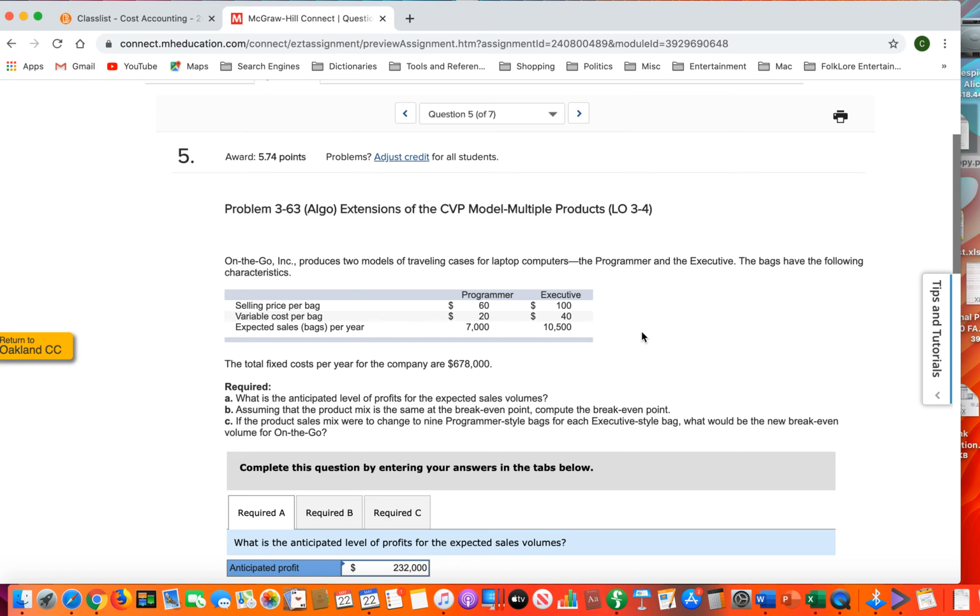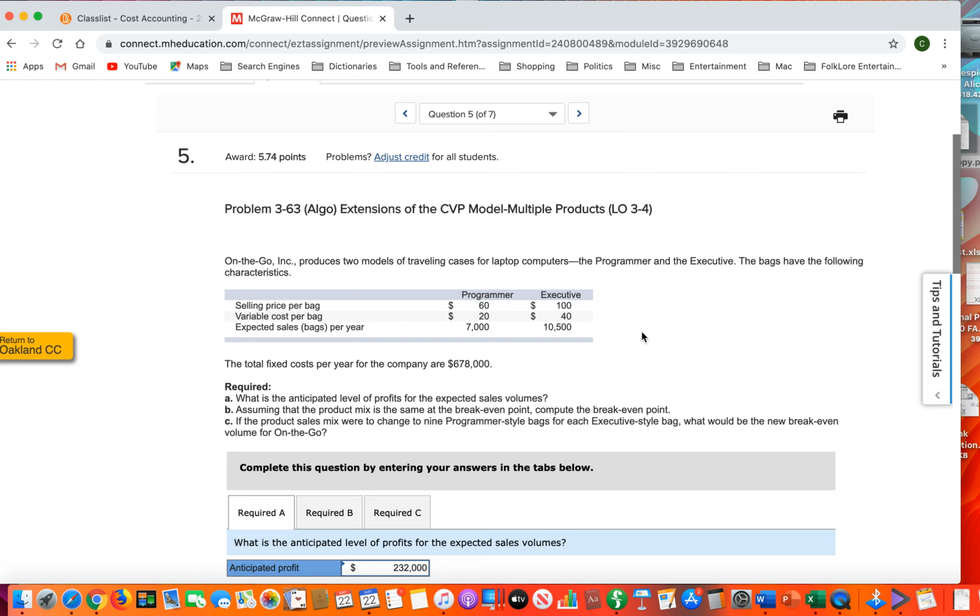Set that number aside. We got 10,500 times 100, which gives you 1,050,000. And then you multiply 40 times that 10,500, and you get 420,000. Subtract one from the other, and you get a contribution margin for the executive bag of 630,000.